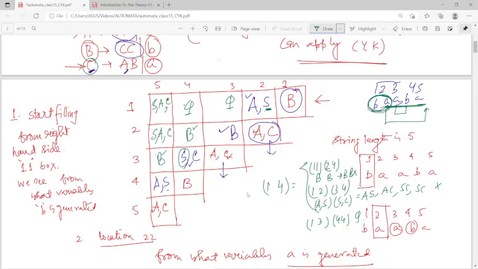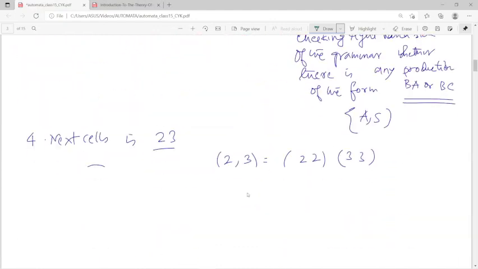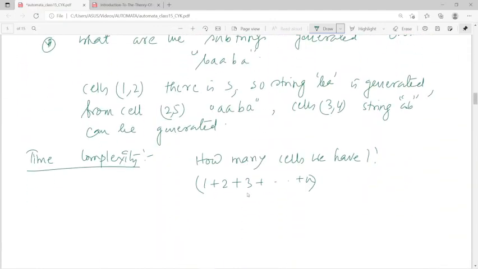So if there are n strings, the first row is one cell, then two cells, then three, so I see 1 plus 2 plus 3 plus up to n is the number of cells I have to fill up. So that is n into n plus 1 by 2, that means we can say order of n square, right?